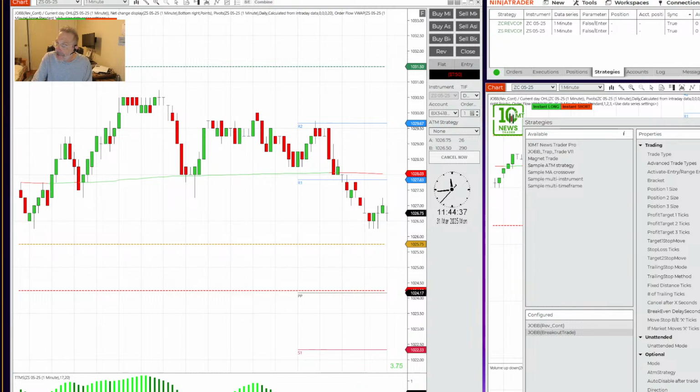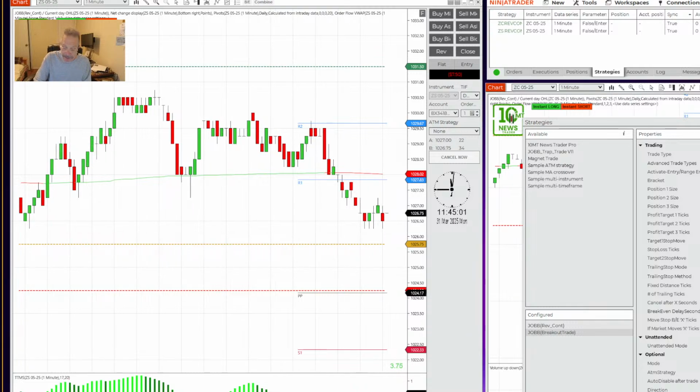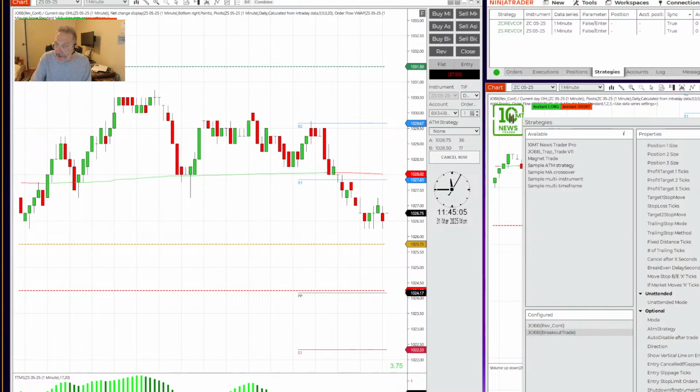The bracket is 12 and I've got a target of 10 and 22 on corn. If my first target is hit, I will use the target 1 stop feature. Break even -5. And the stop is 20 ticks.